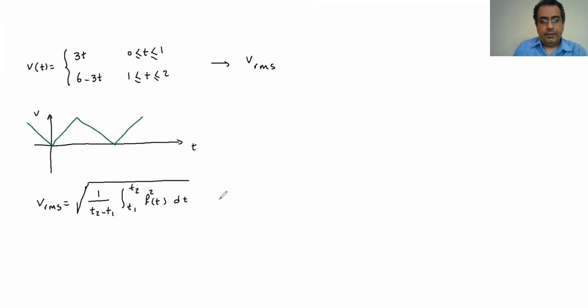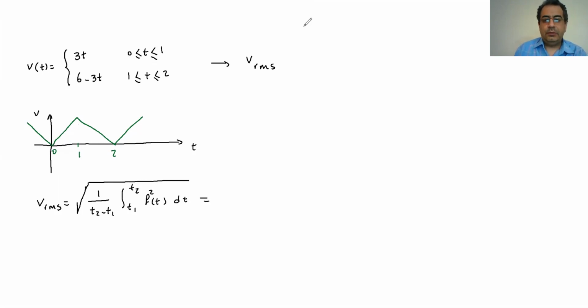This is what we have. So we want to see what's happening between 0 and 2. This point is going to be 0, this point is going to be 1, this point is going to be 2.